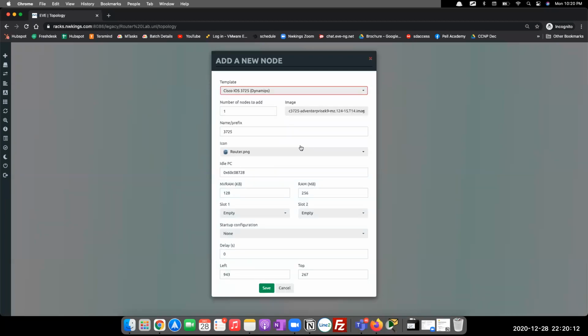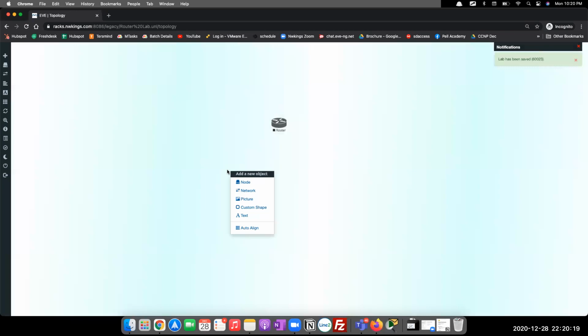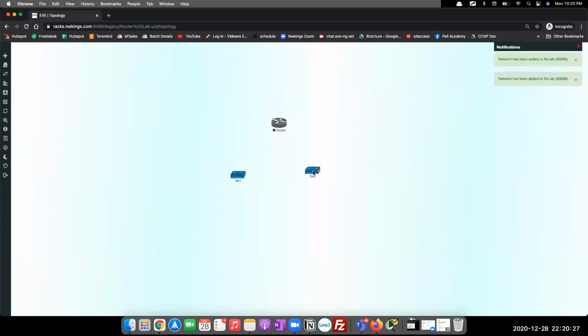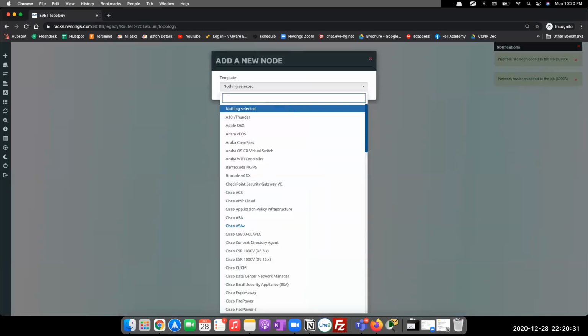Let's take this device. So I have a router, two switches and two machines.